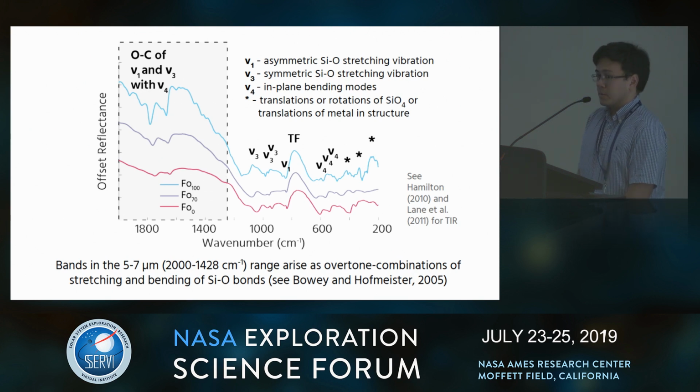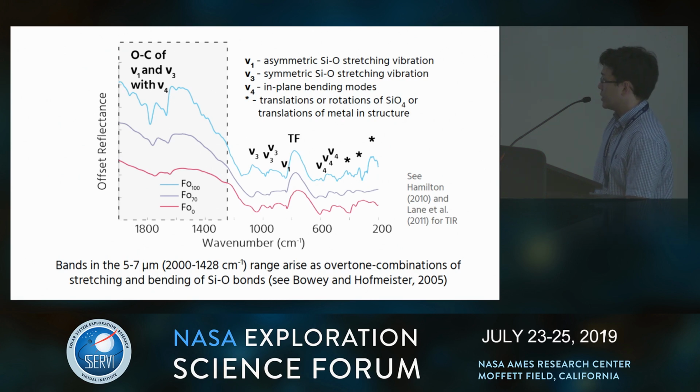The bands in this region are generally understood to arise as overtone and combination bands of fundamentals that occur at longer wavelengths or lower wave numbers, namely overtones and combinations of fundamental stretching and bending modes, which are indicated on the plot with the key as shown there.